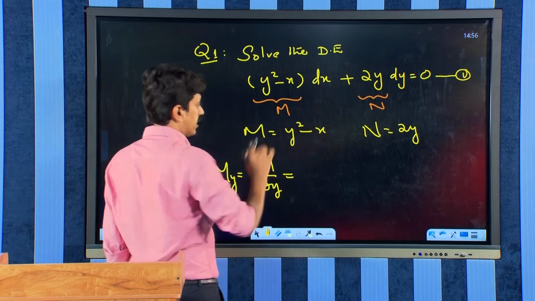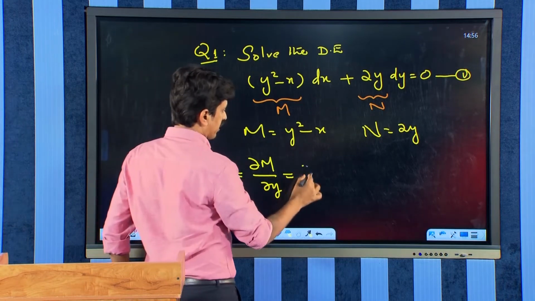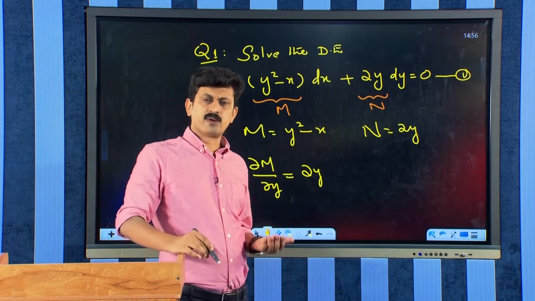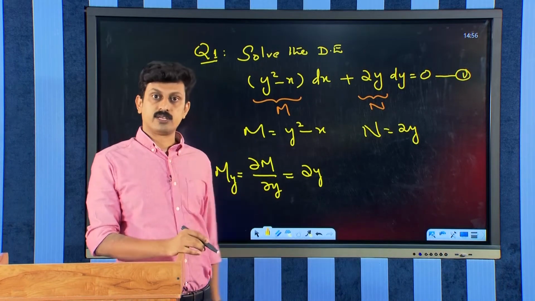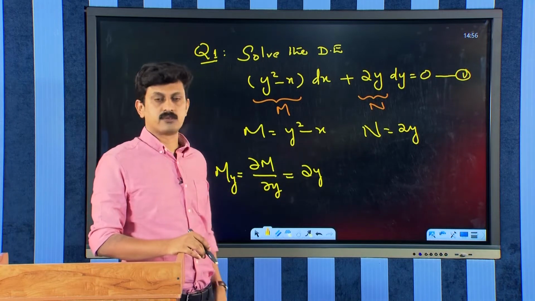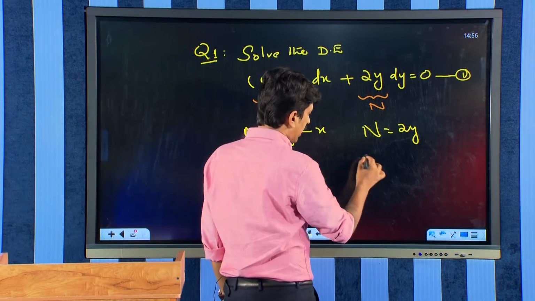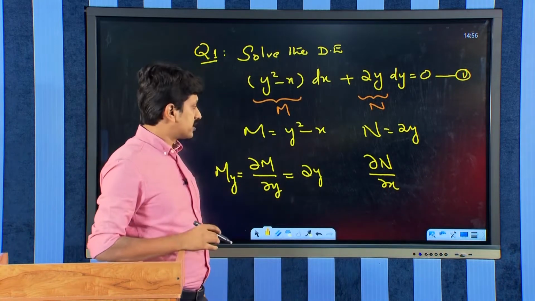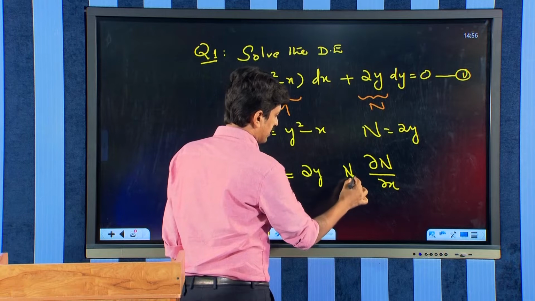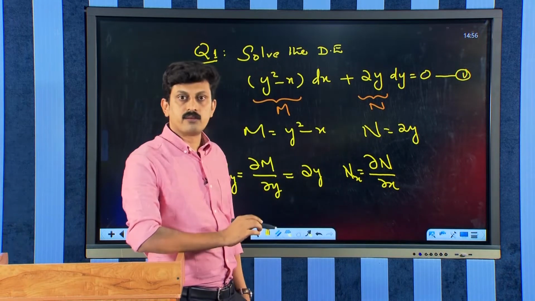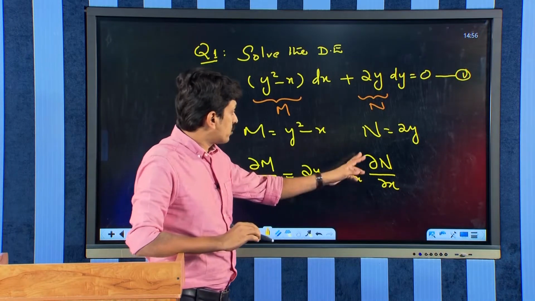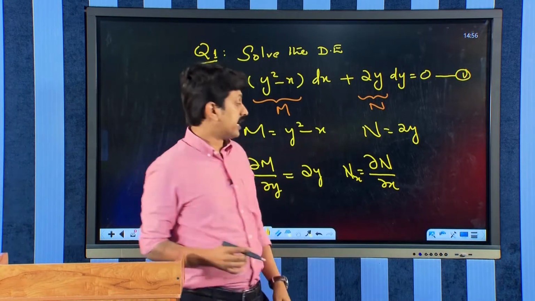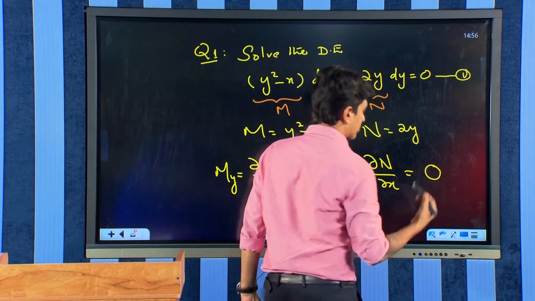My is equal to the derivative of y square, that is 2y, differentiating with respect to y, minus x, and the derivative of minus x partially with respect to y is 0. And ∂N/∂x, that is Nx. There is no term containing x in N, that is why this is equal to 0.